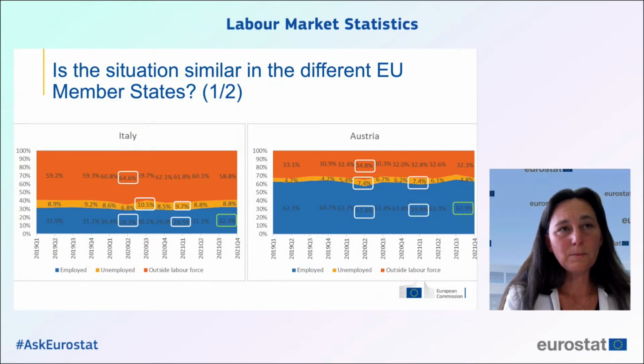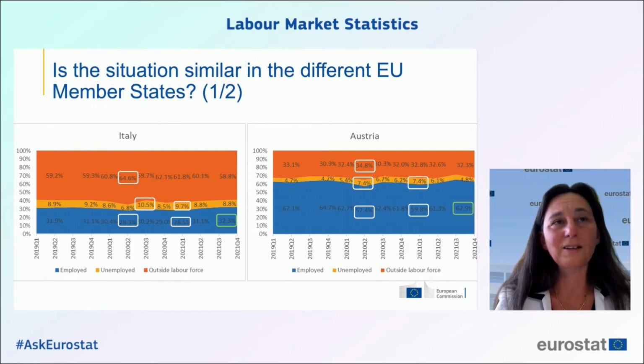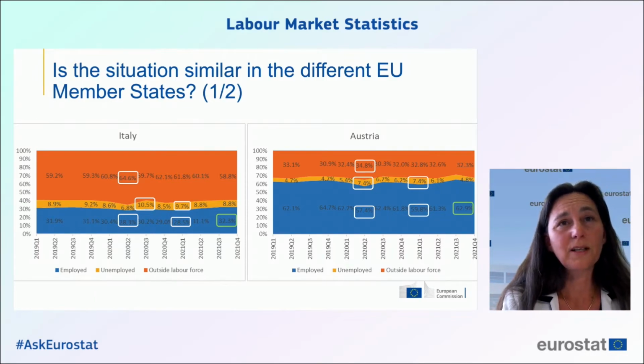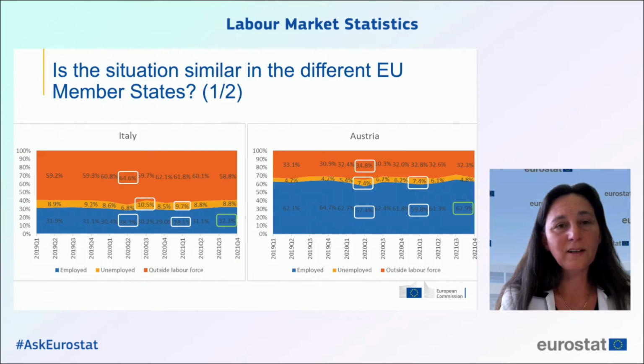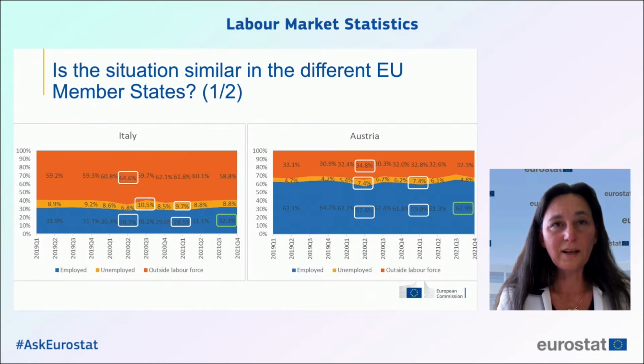So most probably people in Italy were not even looking for a job, because maybe they had care responsibilities, or they were thinking that there were no jobs available for them, while in Austria, the decrease in employment goes directly with an increase in unemployment, because people already satisfied at that time the 2 criteria of searching for a job and being available for a job.